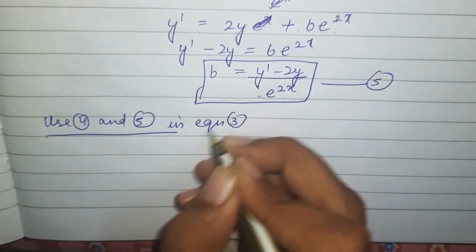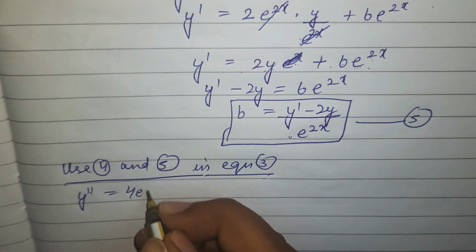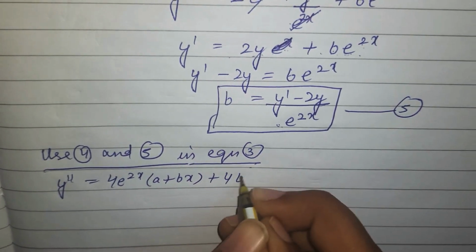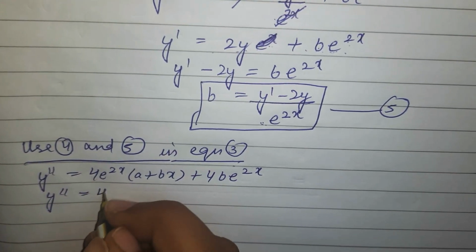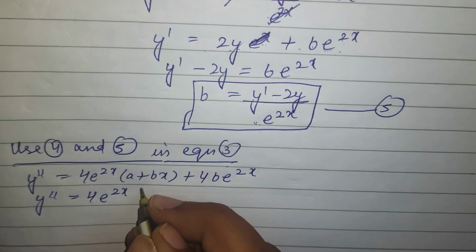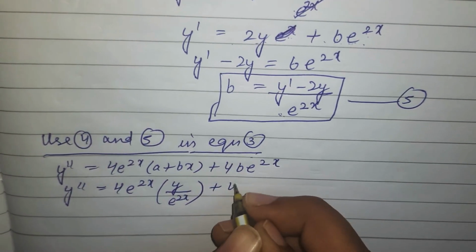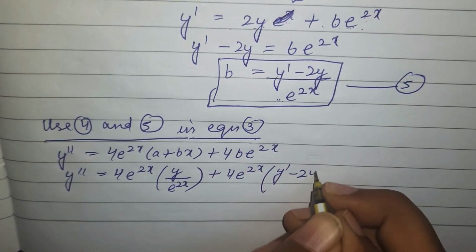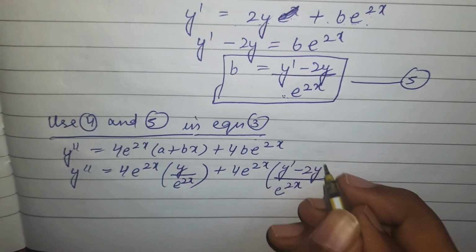Now only equation 3 is left. So if I want to use it in equation 3, equation 3 is y double dash equals 4e^(2x)(a plus bx) plus 4be^(2x). I need to eliminate a and b. So now my purpose is solved. A plus bx will be y upon e^(2x) plus 4e^(2x), and b is y dash minus 2y upon 2e^(2x).